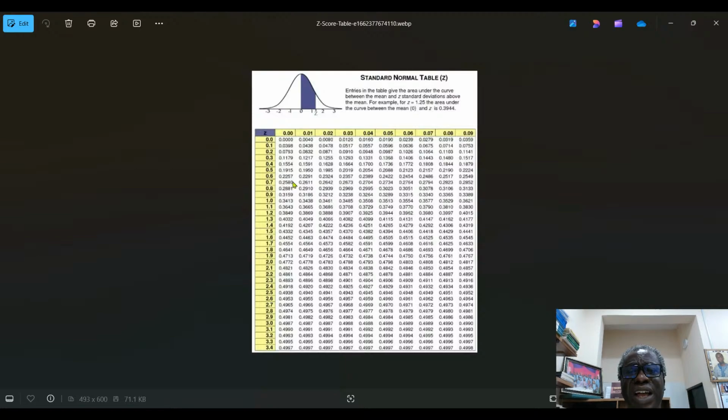What we read here is only given from 0 to 2. Therefore, 0.5 will be added to the value that we have here, which is 0.4772.